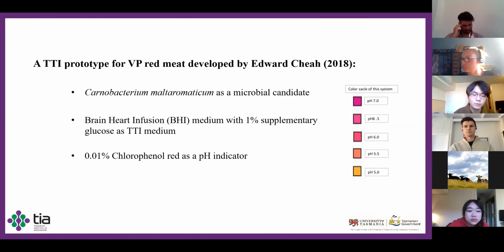This prototype used Carnobacterium as the microbial candidate and used BHI medium with 1% added glucose as the TTI medium and 0.01% chlorophenol red as the pH indicator. This picture on the right-hand side shows the color scale of this TTI. It's the change of the pH indicator with the pH.